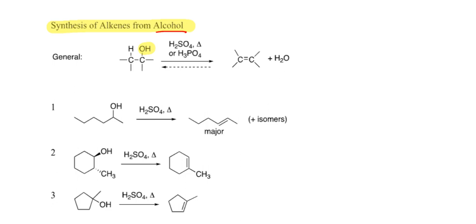So how that's going to occur is I'm going to need an acid of some sort. The acid is going to allow that OH and that H to leave. By losing both of those, I'm going to expose those electrons, which will eventually collapse and create that double bond that I'm looking at right there.